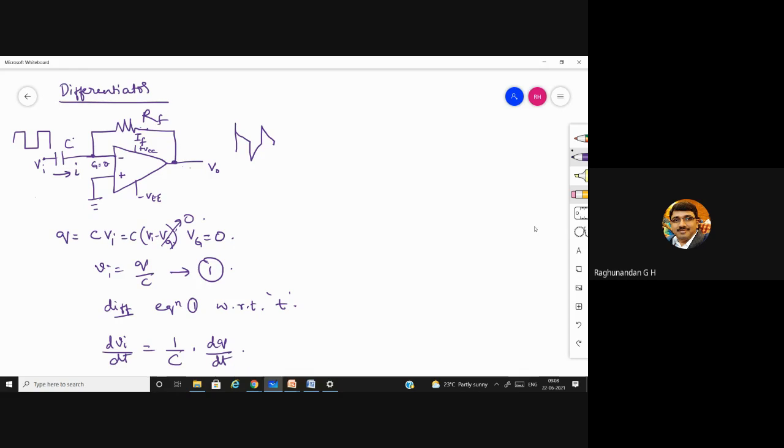Now we'll rearrange it and write an equation for dQ by dt. So dQ by dt is equal to C into dVi by dt. Take this as equation number 2. Do we have any equation relating the charge and the current?